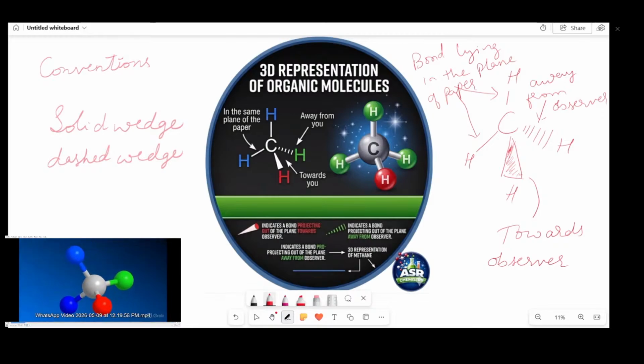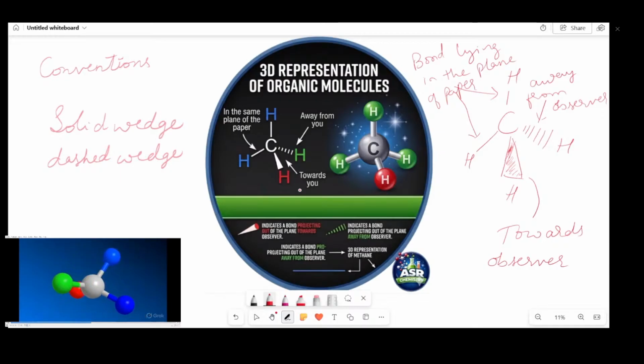Alright. So such representations which completely describe the actual position of the various atoms of a molecule in space is called a spatial formula, or it is also known as 3D structure, or three-dimensional structure.